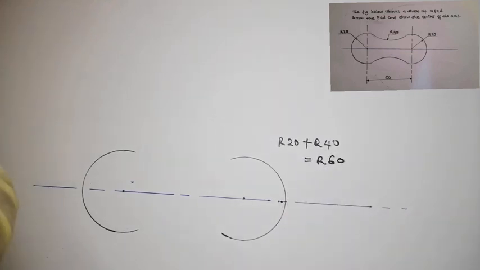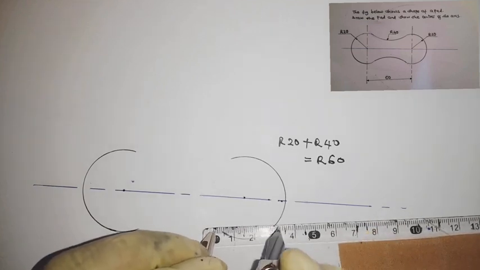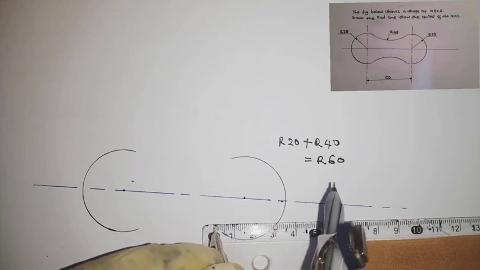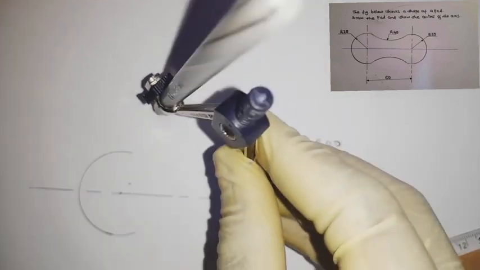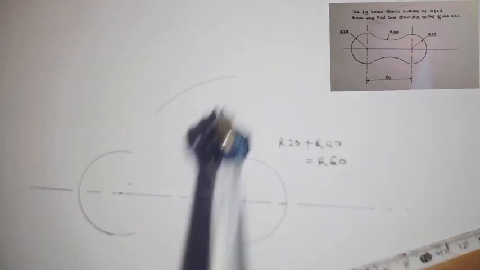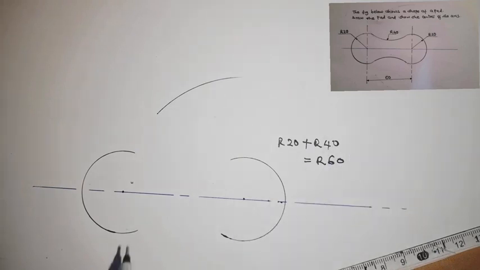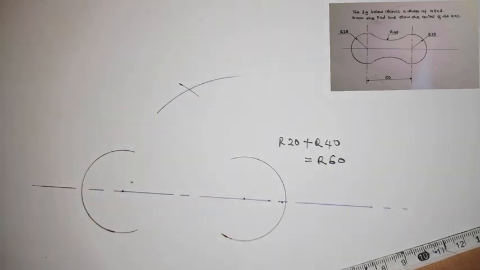So we measure 60 from your compass, from your measuring instrument. We stand with it at the first point, that is of this semicircle, and make an arc. The same applies to this other one because the radius for this one is as well 20. So we just cut.